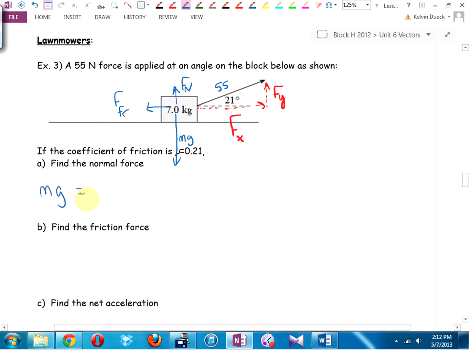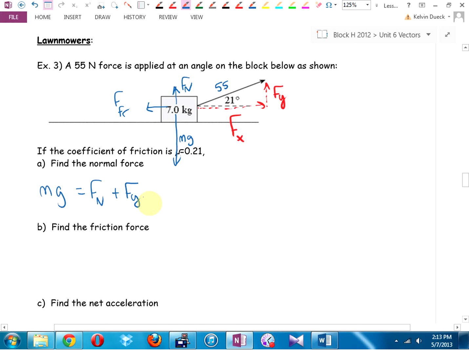What are my up forces? What force do a lot of kids want to put there? 55. It's not. It's the vertical component.